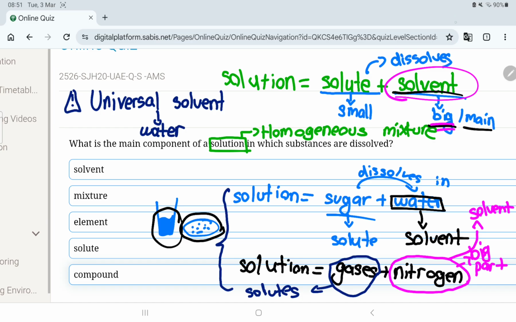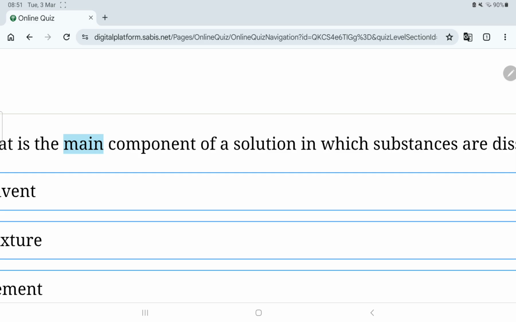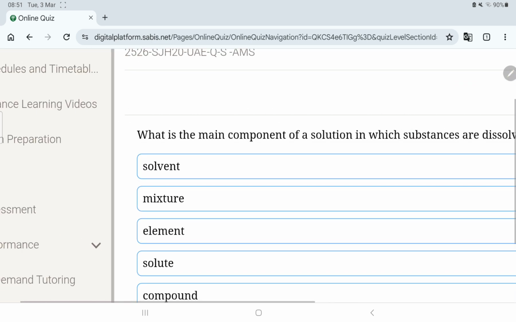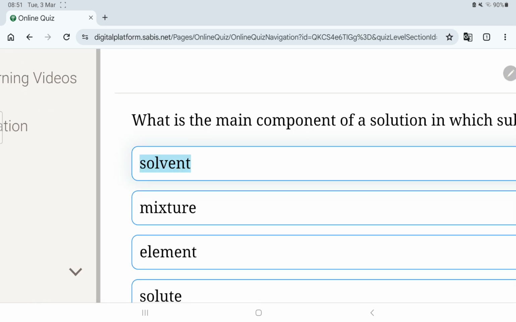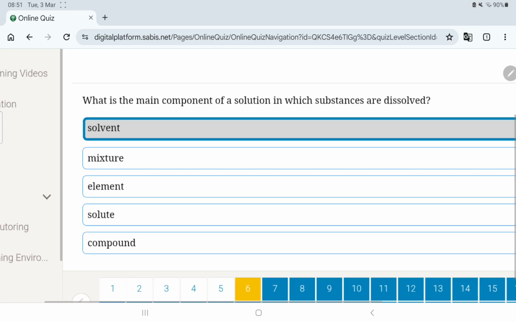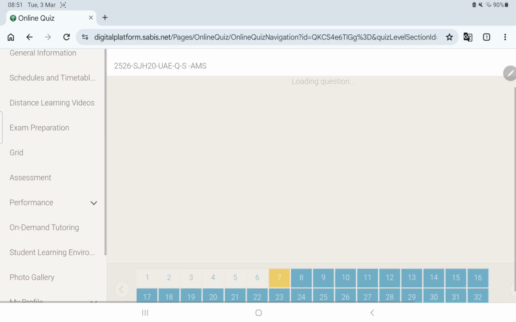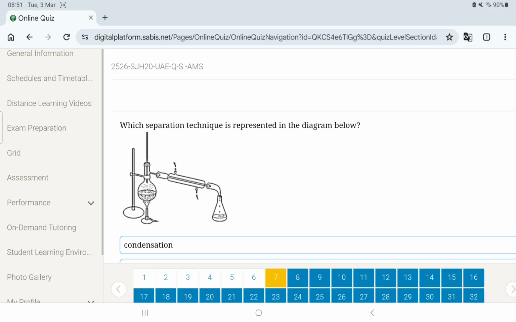So, what is the main component? The big part, and the big part is the solvent. The solute is the small part that dissolves. But the big part, the main part, is the solvent.